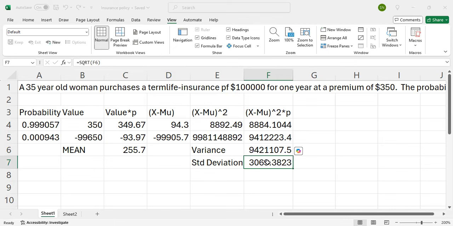So what does it mean? Again, on the average, if the insurance company sells many of these insurance policies at a premium of 350, in the long run they will make an average profit of 255.7. However, the standard deviation, which is the average variation from the mean, is large also. So sometimes they will make much more money than the mean.